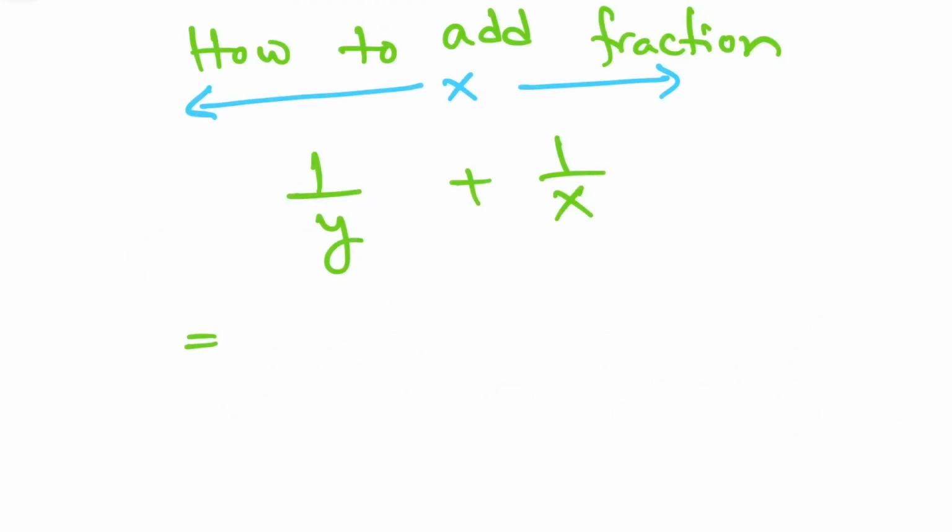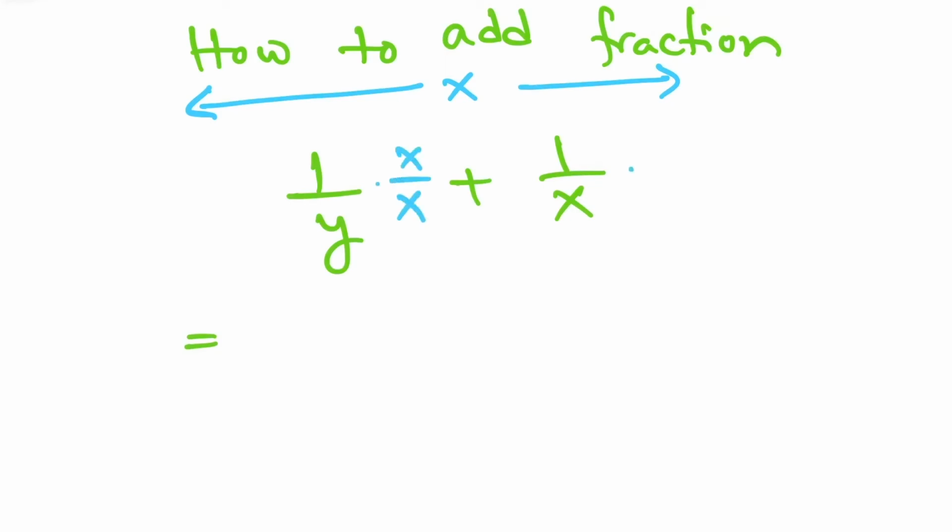Can you add this fraction 1 over y plus 1 over x? I will give you 10 seconds to think about the problem. If you want to add or subtract any fraction, you need to make sure the denominators are the same.